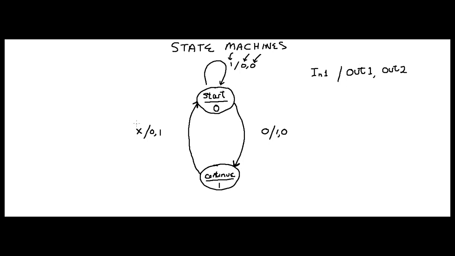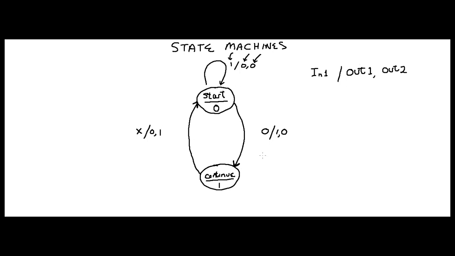Remember the I don't care state from your Karnaugh maps? It's the same thing. It doesn't matter if it's a 0 or a 1. It's going to take this transition from continue to start when it's clocked. In addition to that, out 1 will output a 0 and out 2 will output a 1.